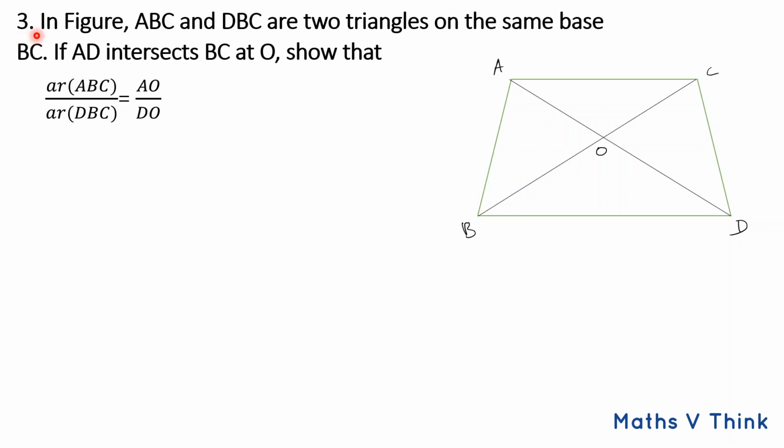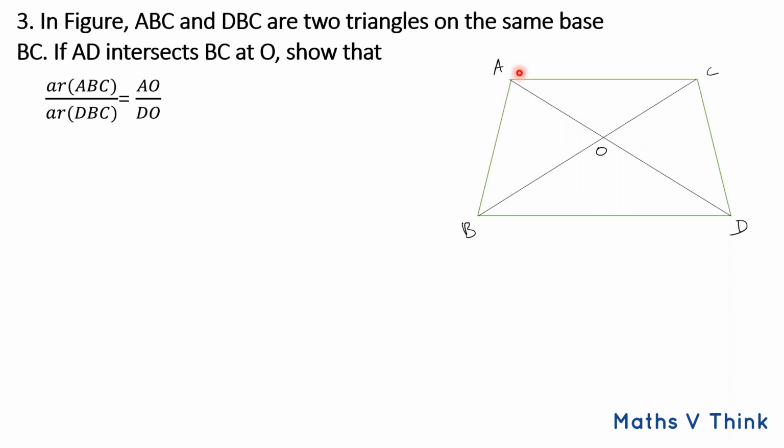The third question says, in the figure ABC and DBC are two triangles on the same base BC. If AD intersects BC at O, show that area of ABC divided by area of DBC is equal to AO by DO. They have given the figure.